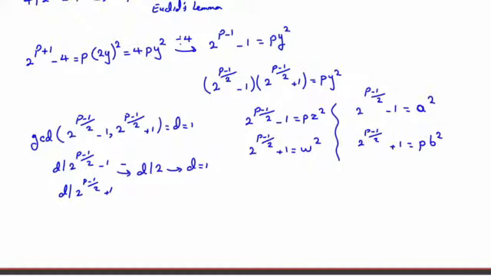Okay, for this case, if you consider mod 4, let's first analyze this one. We know p is at least 7. So p minus 1 over 2 is at least 7 minus 1, 6 over 2, 3. So if we consider mod 4, the right hand side, because it is a perfect square, is 0 or 1. It's easy.